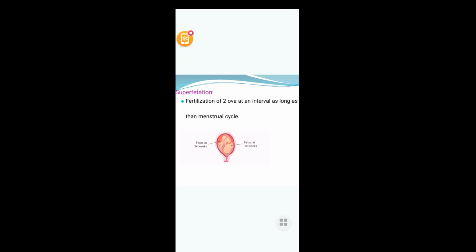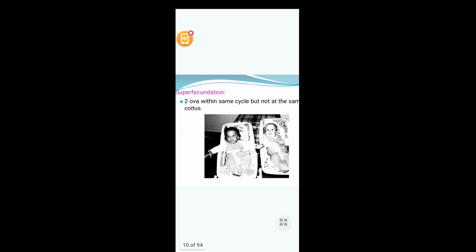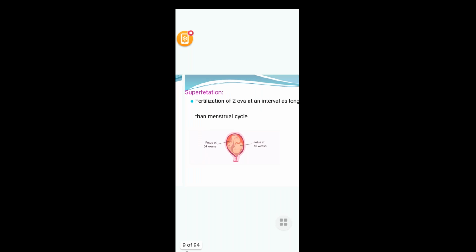Did you get this? In superfetation, the siblings may not have the similar age. Whereas in superfecundation, they have a similar age because they have been conceived in the same menstrual cycle, but they might get conceived with 2 different coitus. That is the difference between superfecundation and superfetation.